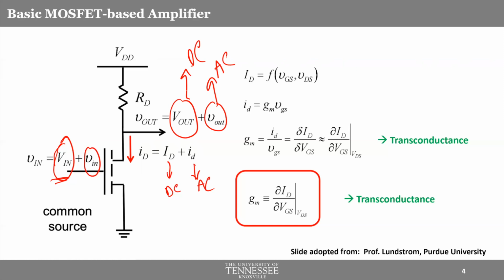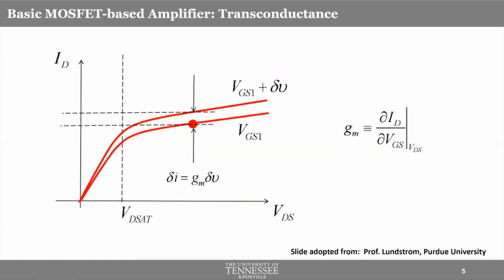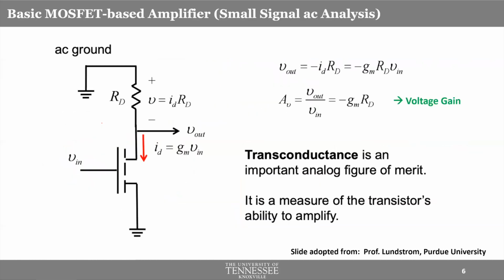The changes in the output will be a result of the change in the input. Only V in will be responsible for the changes in the output, right? So we will get to a reduced version of this circuit in the next slide, next to next slide here, where we will talk about a small signal AC analysis, and we will use the same circuit, but we will simplify the circuit a little bit.